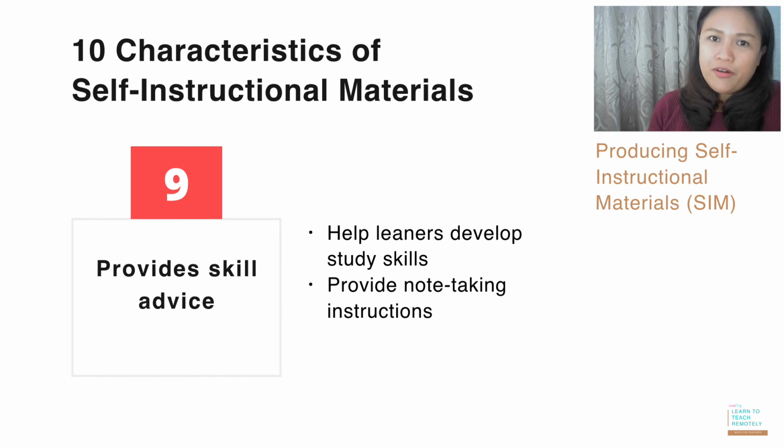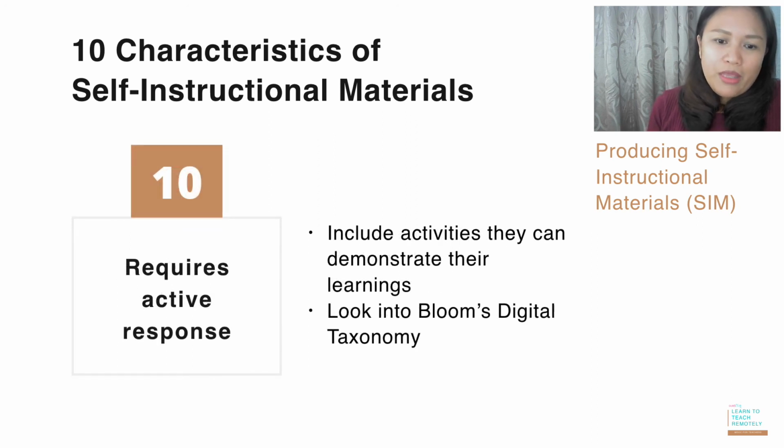But at first, you have to guide them through the process. And number 10 requires active response. So you have to include activities that make them demonstrate their learning. You can look at Bloom's taxonomy of the different digital tools you can use so that the students can demonstrate what they've learned.